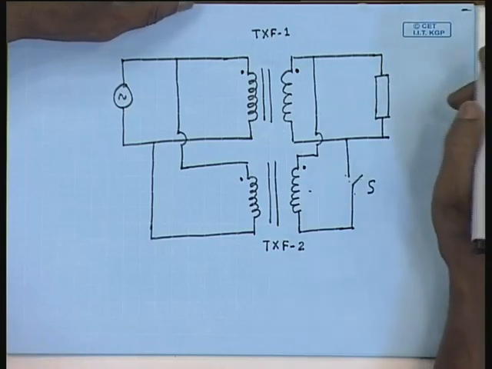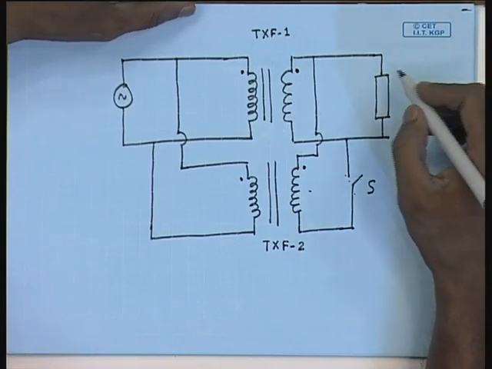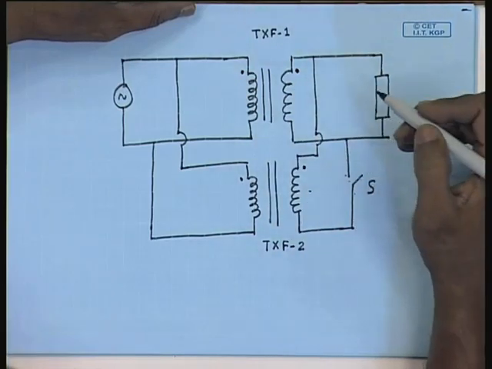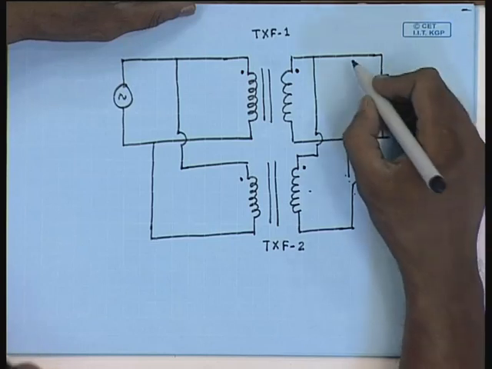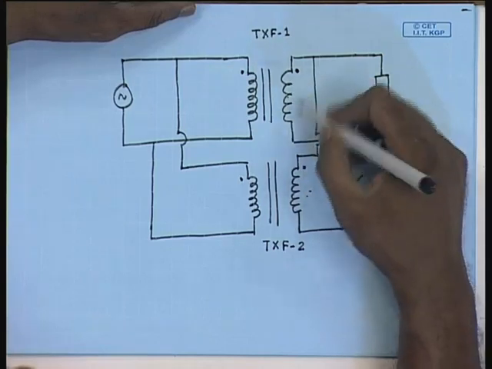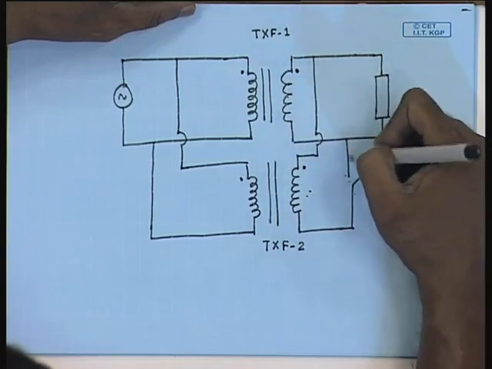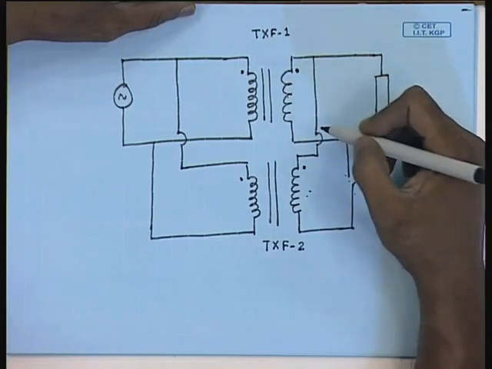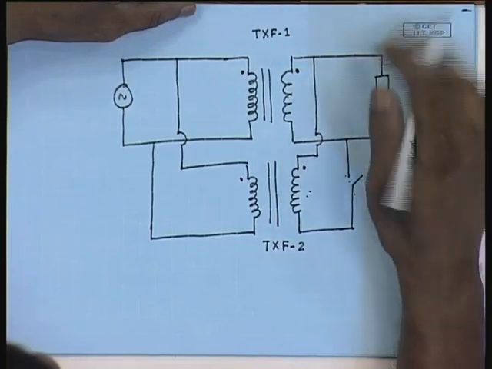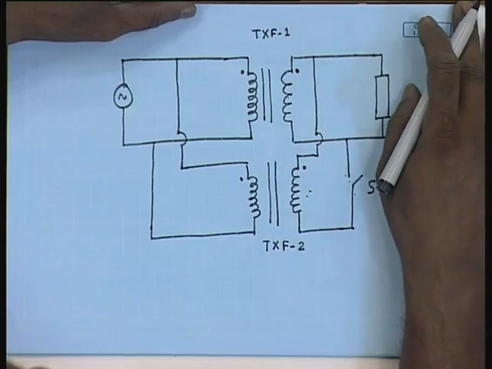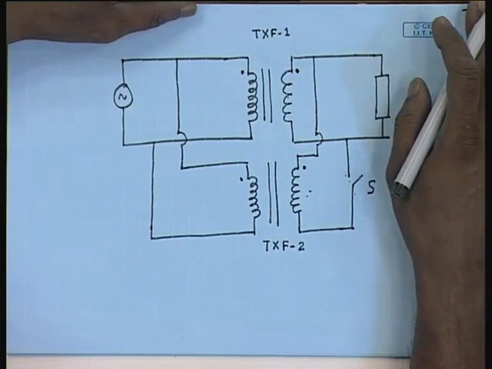Obviously, one can appreciate that the no load voltages of the transformers should not be very different, for the same reason. Even if we assume that there is no load, and the transformer secondary no load voltages are different, then when we close the switch there will be a circulating current flowing through the secondaries, which will be limited only by the series impedance of the transformers, which we have seen are small, typically within 5 to 10%.